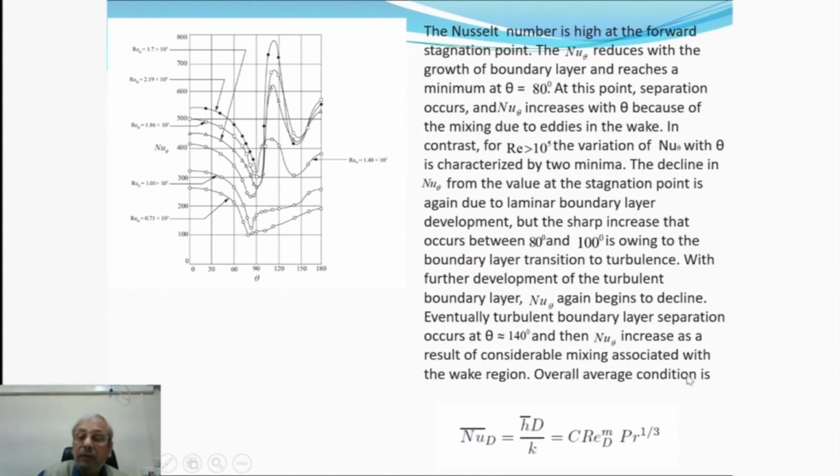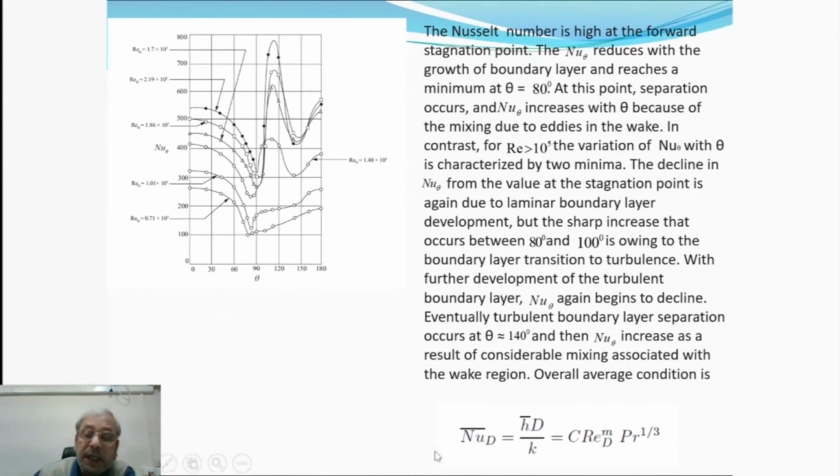So the overall average condition is, of course, the average Nusselt number in such cases, not Nu theta. Nu theta is a local Nusselt number. This is basically the integration of the entire Nu theta and then averaging it out.